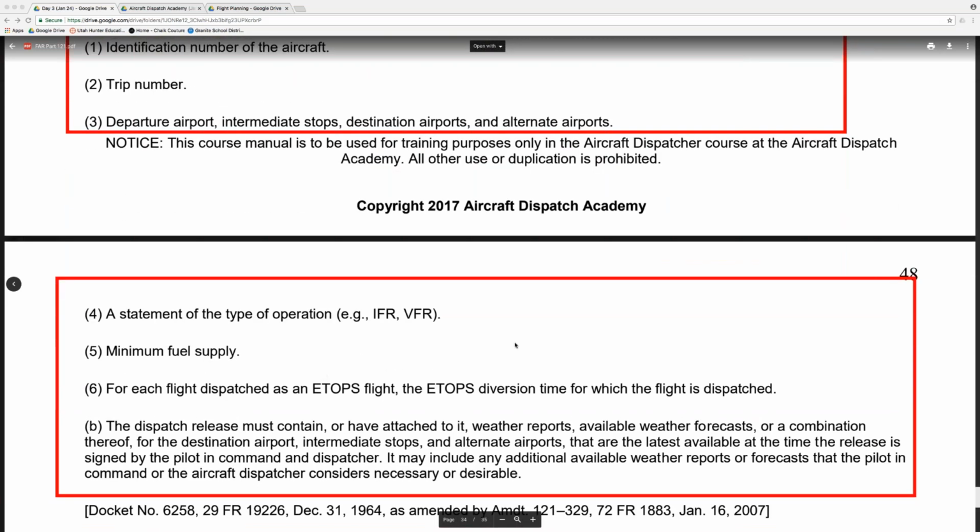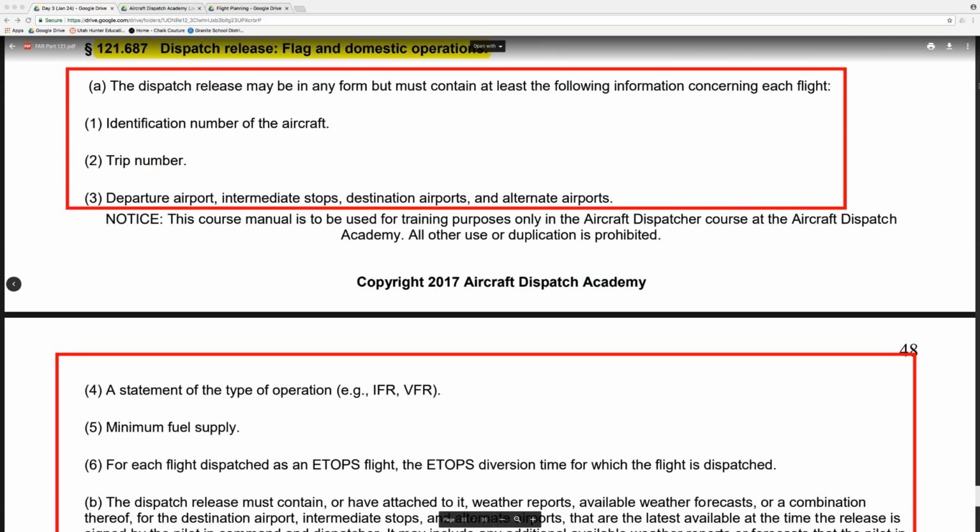And Bravo, the dispatch release must contain or have attached to it weather reports, available weather forecasts, or a combination thereof for the destination airport, intermediate stops, and alternate airports that are the latest available at the time the release is signed by the pilot in command and dispatcher. It may include any additional available weather reports or forecasts that the pilot in command or the aircraft dispatcher considers necessary or desirable.